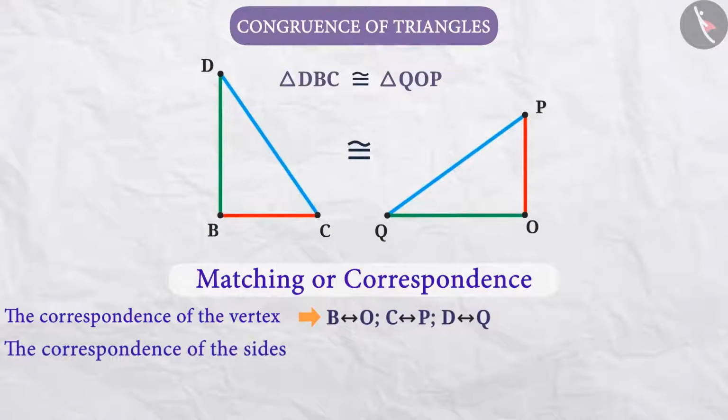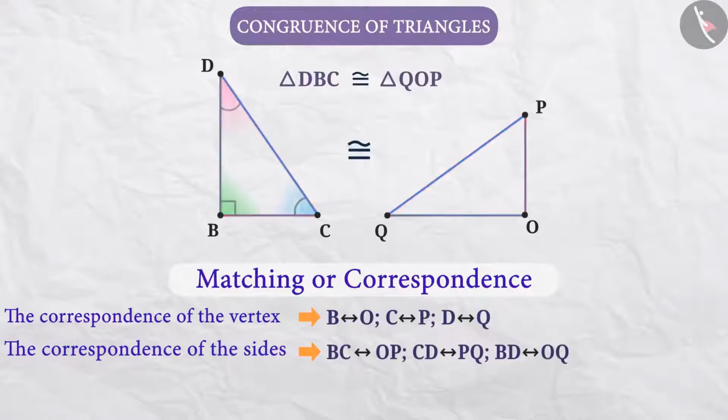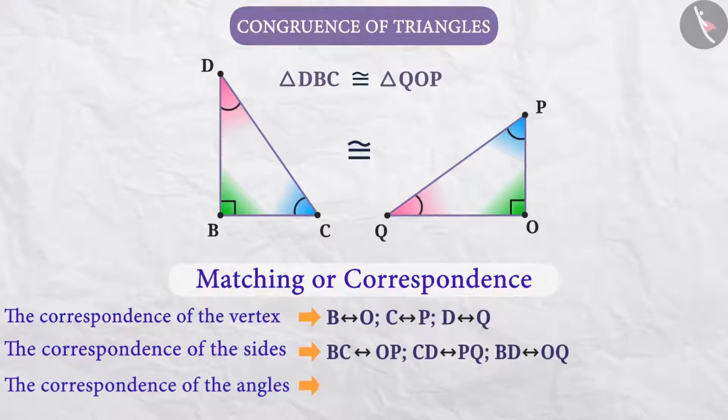Similarly, here we can see the correspondence of the sides as well, which we will show as BC corresponds to OP, CD corresponds to PQ, and BD corresponds to OQ. Similarly, here we can also see the correspondence of angles, which we can show in this way. Angle B corresponds to angle O, angle C corresponds to angle P, and angle D corresponds to angle Q.